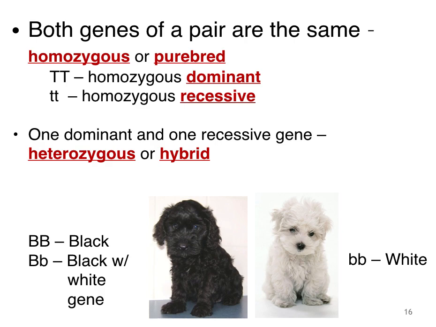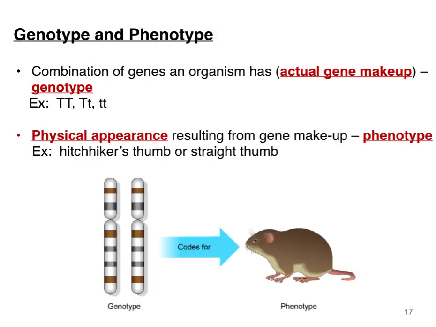In order for the puppy to be white, it has to have two lowercase letters, two recessive alleles. So if it has a dominant and a recessive, it's called heterozygous.